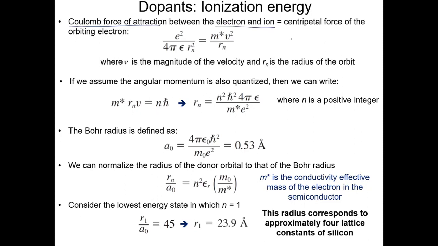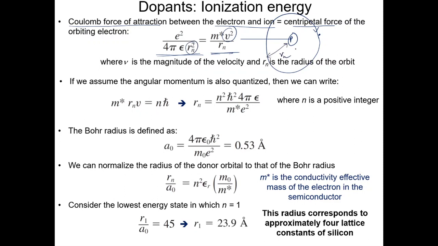In this case, it could be the phosphorus atom or phosphorus ion, with the electron in the outermost shell, and the centripetal force is responsible for the electron orbiting phosphorus, right? Since the electron is still orbiting phosphorus, these two forces are equal. So you can write the Coulomb force of attraction and the centripetal force. Here this is the magnitude of the velocity, and this is the radius.